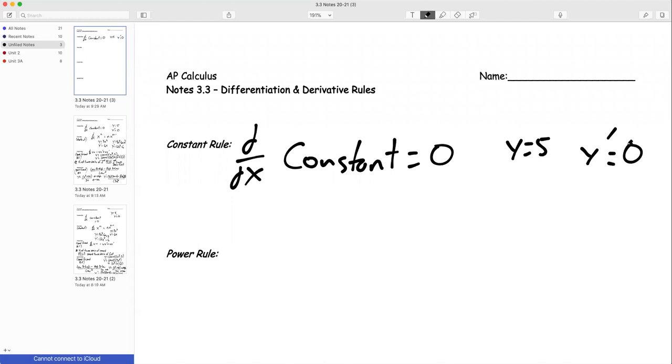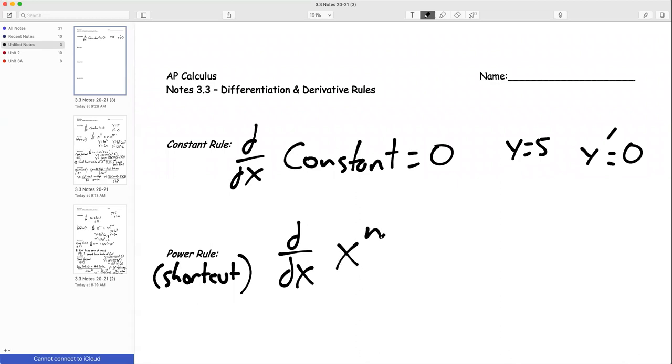Second rule is called the power rule. It's the shortcut. Okay, so if I'm taking the derivative of x raised to the n, I take the exponent and multiply it by the coefficient, so that n would come out front.